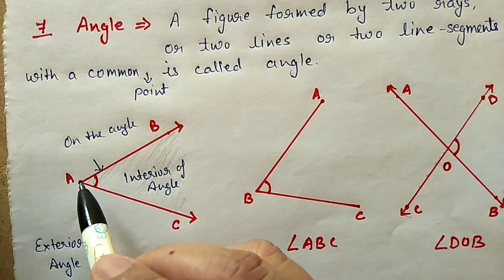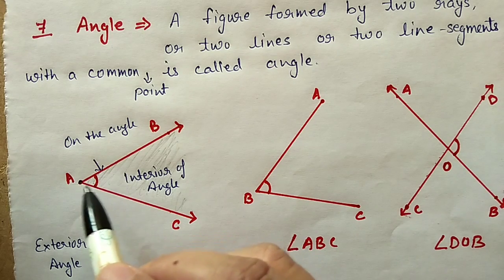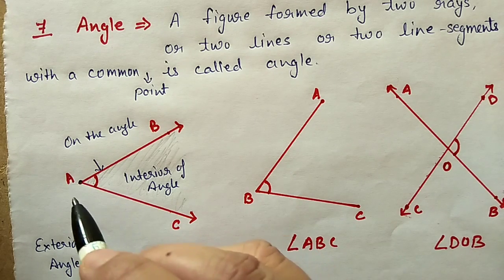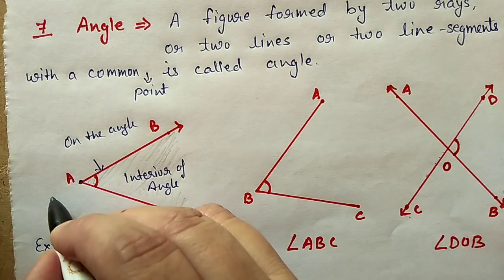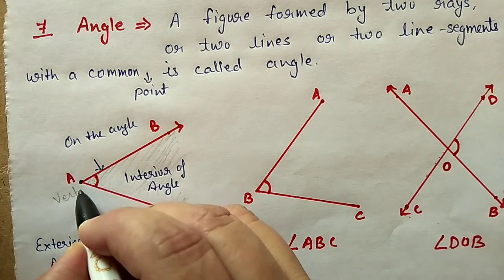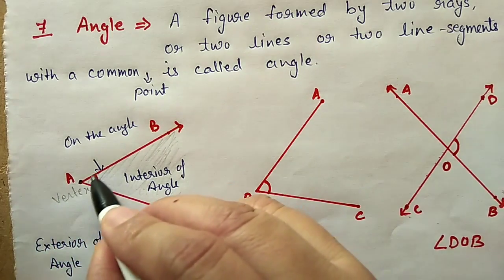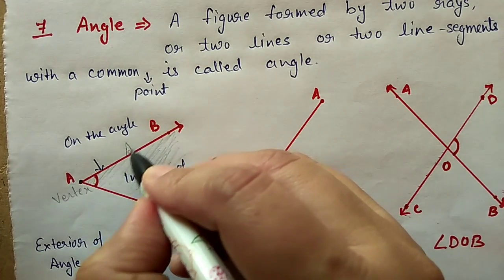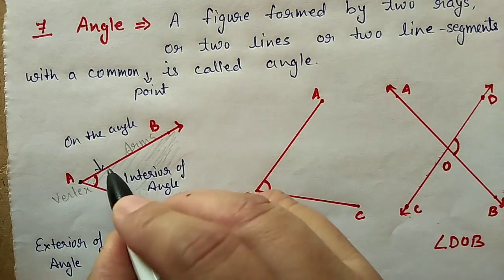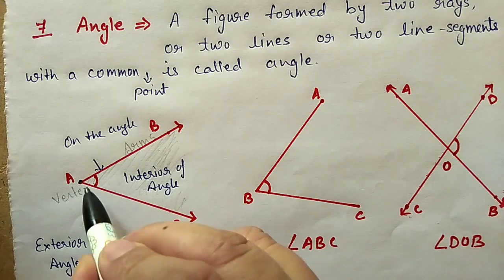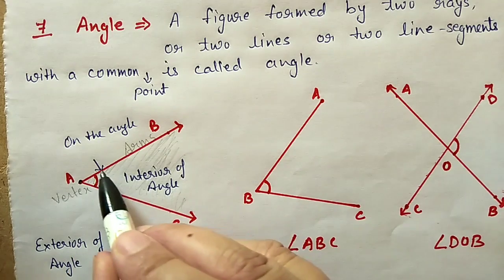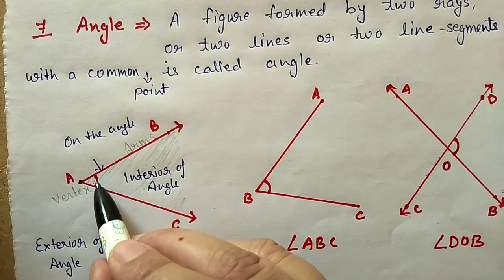The common point where two rays, two lines or two line segments meet is called the vertex, and these are called arms of the angle. So two arms and one vertex are there, and this part we call the angle.